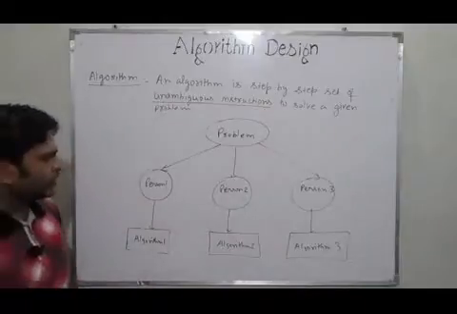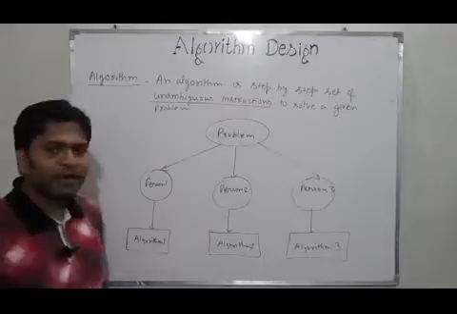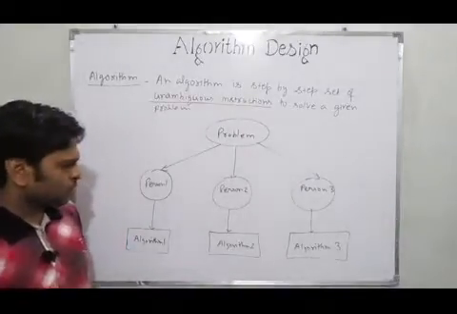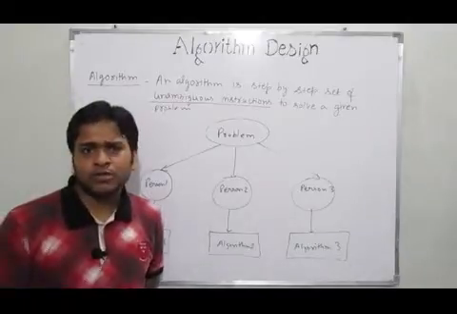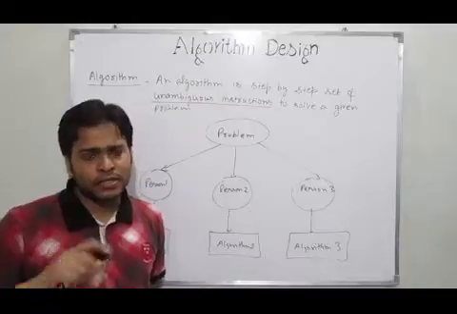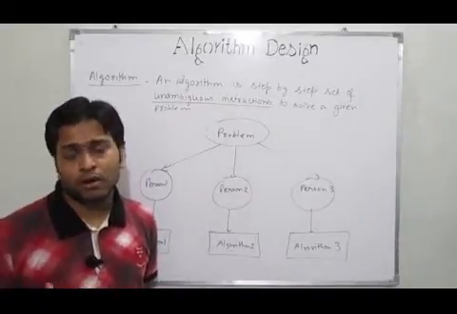Now the idea is which person has defined the best algorithm to solve the problem. Now how can we say that the algorithm is best? There can be some parameters on the basis of which we can define an algorithm to be good or bad.